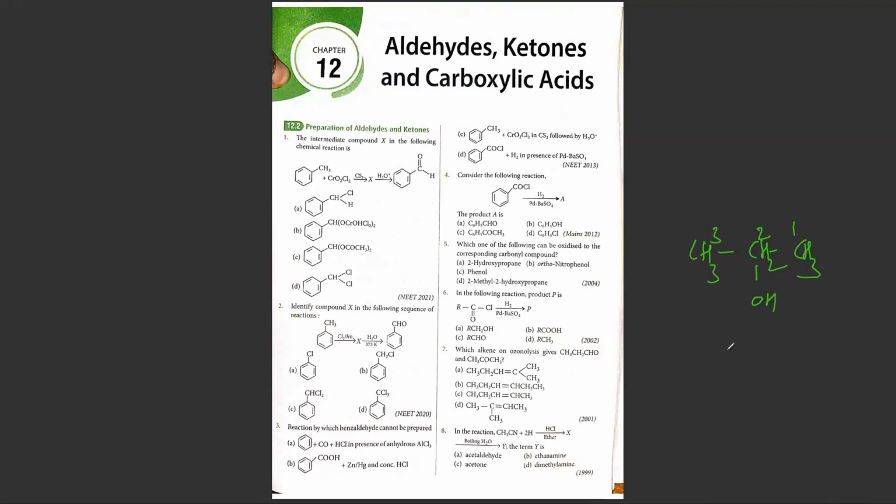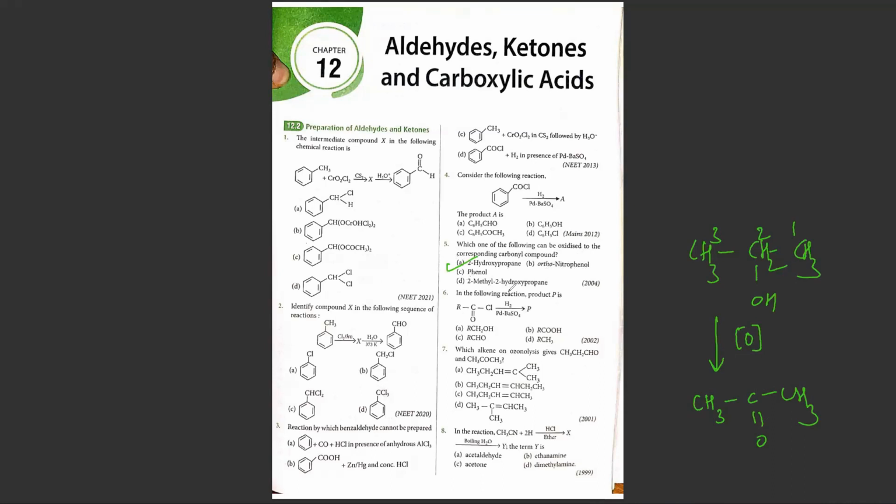This is a secondary alcohol. When a secondary alcohol undergoes oxidation, it will form a ketone. So the answer is A, that is 2-hydroxypropane.